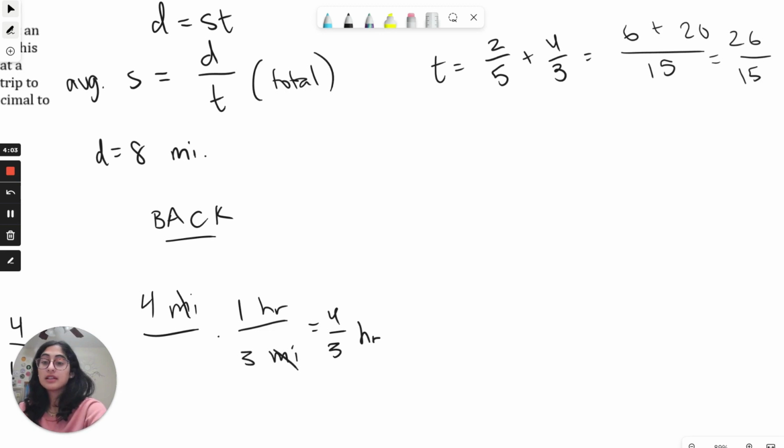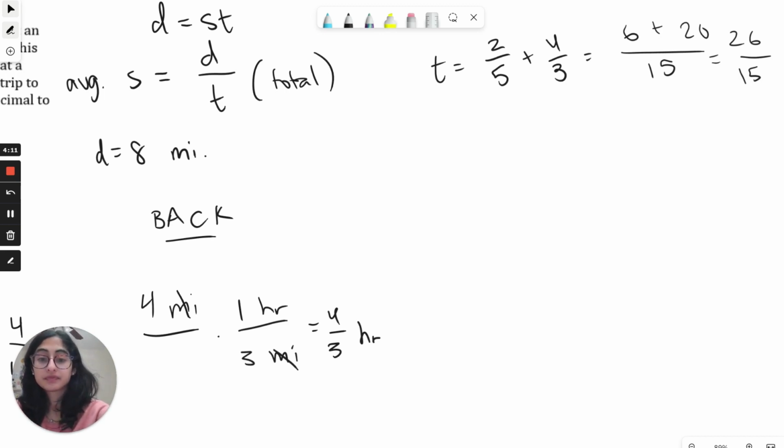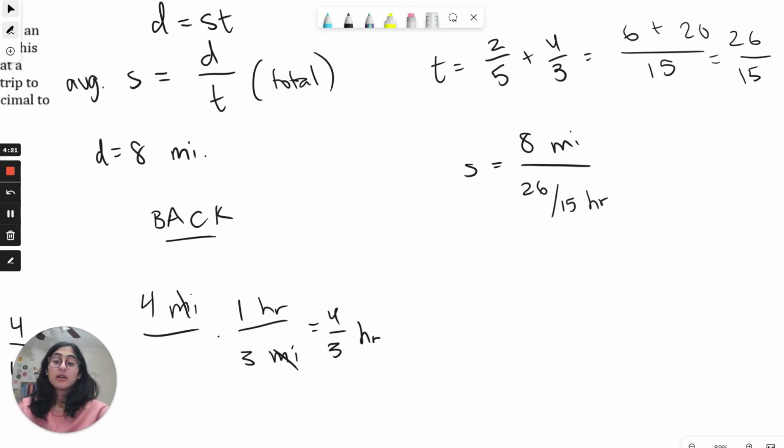So remember, D is 8 miles. T is 26/15 hours. So our average speed is going to be 8 miles divided by 26/15 hours. While it does say round to the nearest tenth, let's not get out our calculator because we might see a question like this in the sprint round where you're not allowed to use a calculator. And besides, this is totally doable without using one.